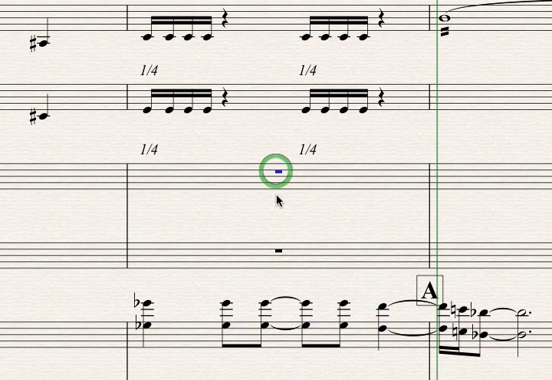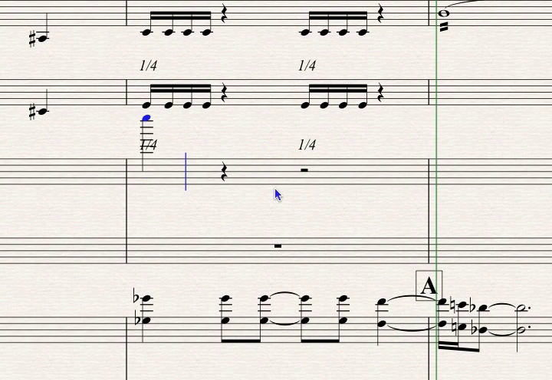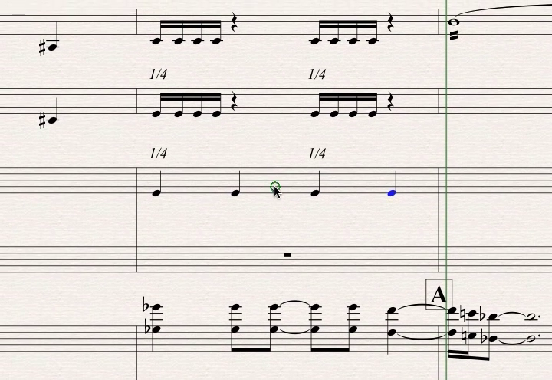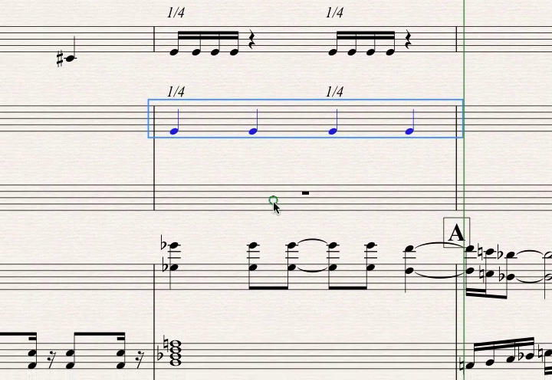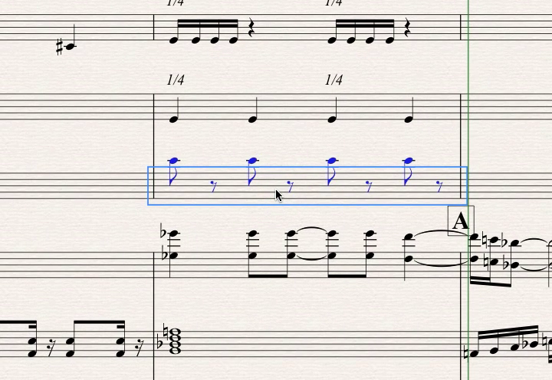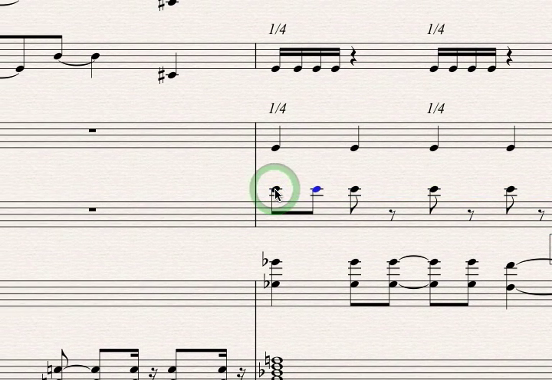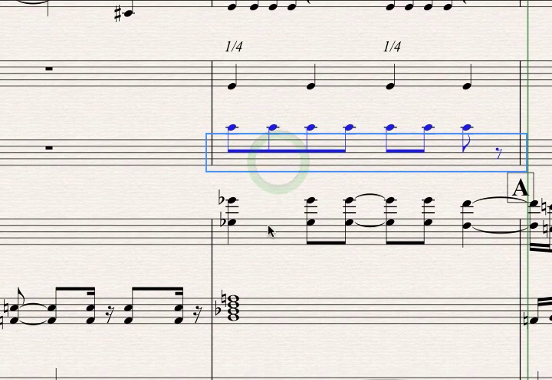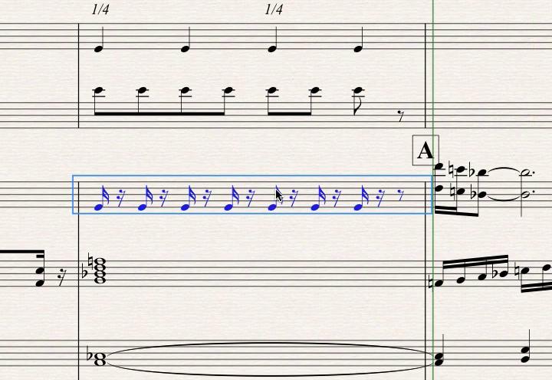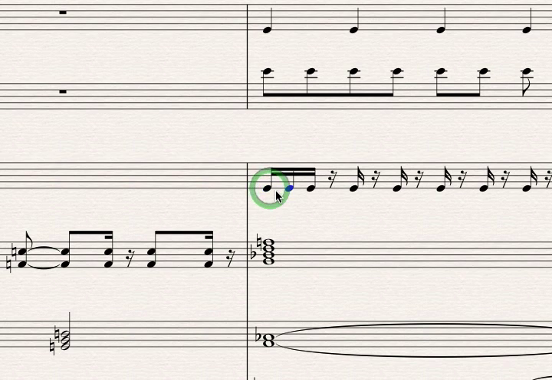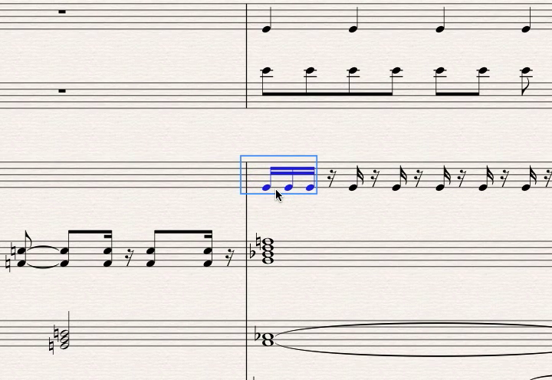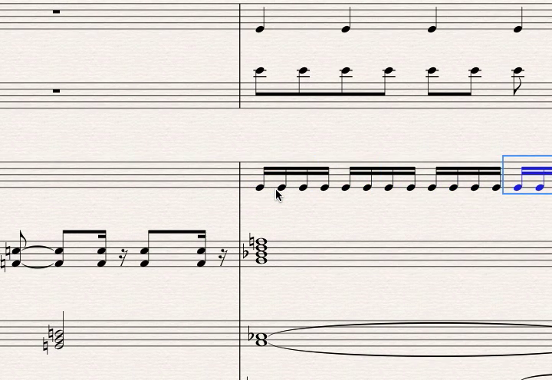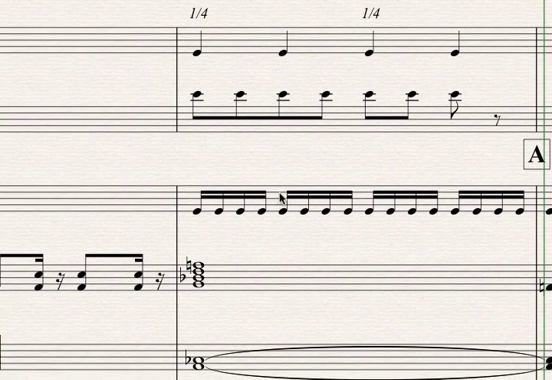So here if I were to put E, oh, whoa, that was way too far. Okay, so you can do that. You can also do this in one measure. Okay, so that's the idea.